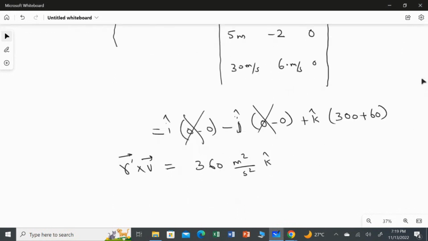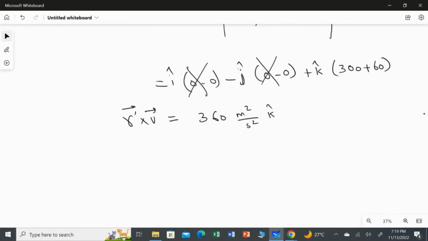Now I'm going to multiply with mass, am I right? Because the angular momentum formula is m multiplied by r prime cross v, correct? So r prime vector cross product with v vector. The mass they mentioned in the question is 3 kilogram, and we already found the value of r prime cross v is 360. So I have to multiply.